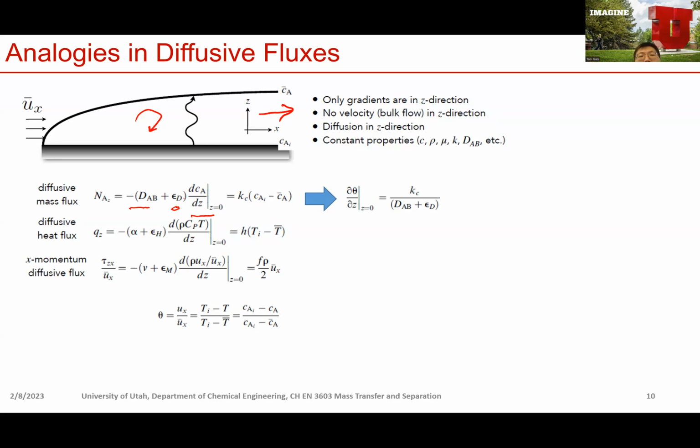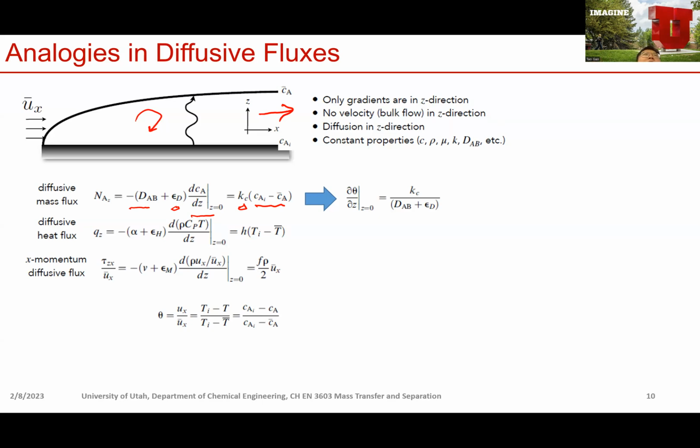That's why we again resort to the mass transfer coefficient concept, and we can compute the total flux by multiplying the mass transfer coefficient with the concentration difference between the surface and the bulk of your fluid. Now, in order to find the total flux, we just need to find the mass transfer coefficient.